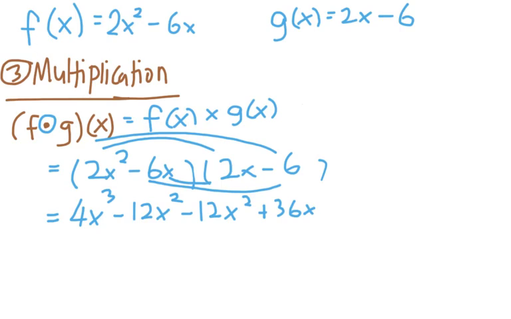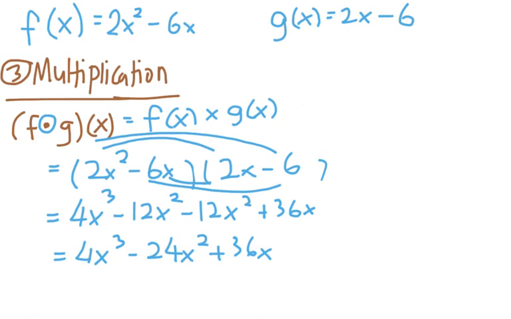Alright, so after you open up, the same thing, simplify, so you will come up with 4x cubed negative 24x squared positive 36x. So that's the final answer.